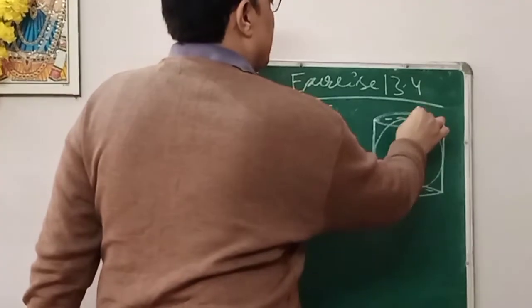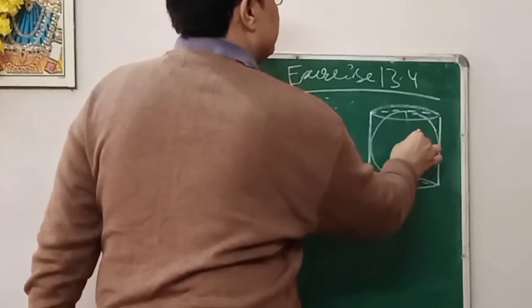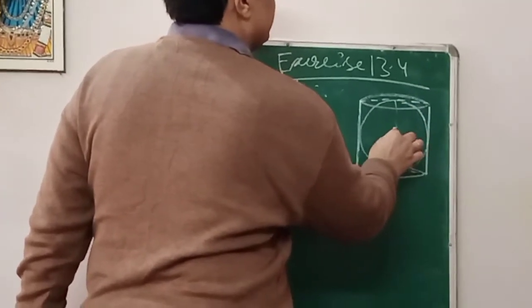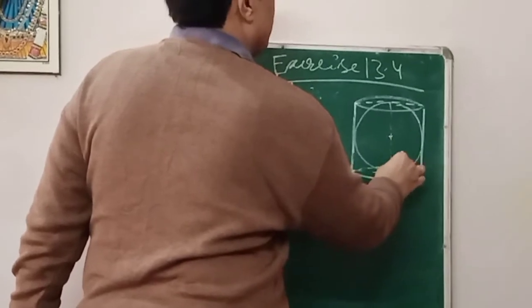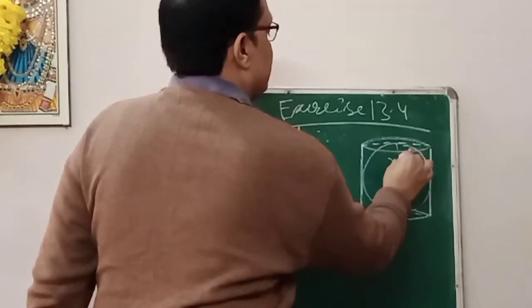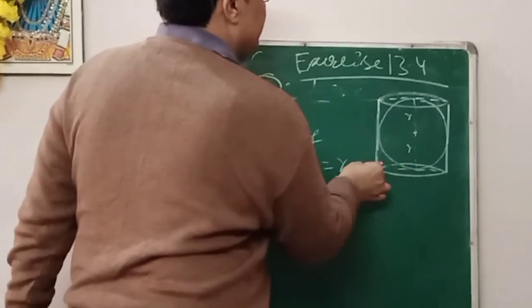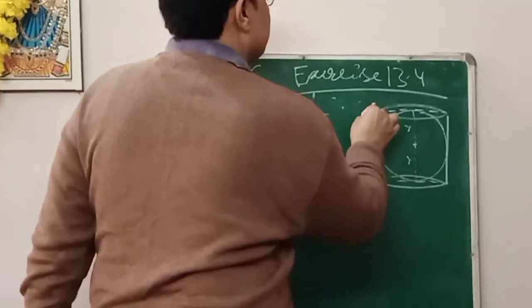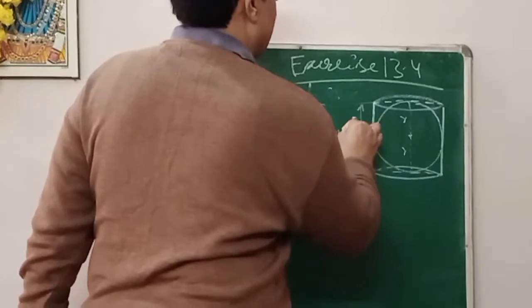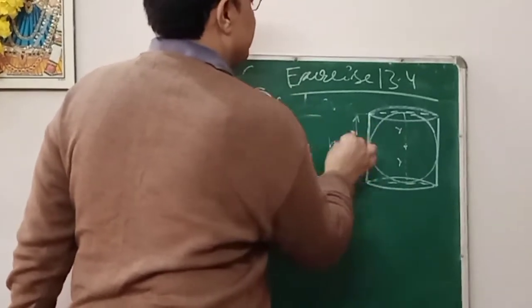Suppose this is the center, this is r and this is r. So the height of this cylinder, if I denote it by h, is 2r.